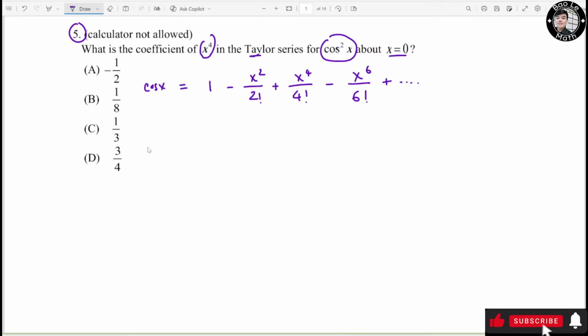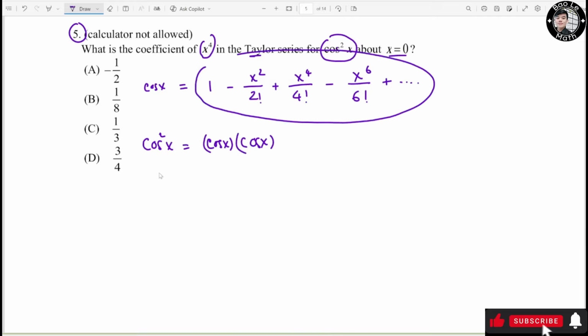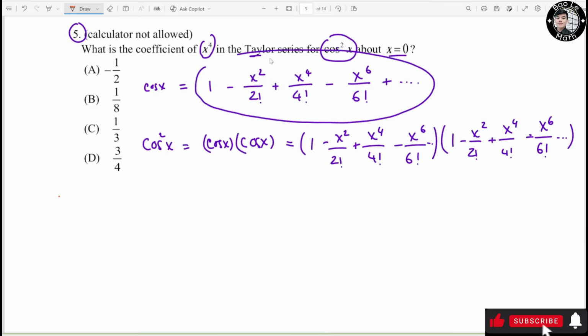If we need cosine squared of s, it's cosine s times cosine s, which means multiplying the series by itself. But I don't recommend doing it this way because it's time consuming. So let's do it this way.